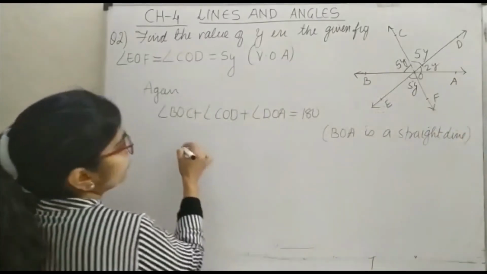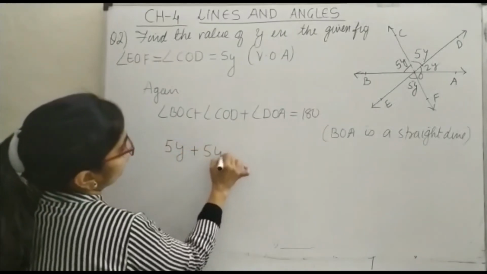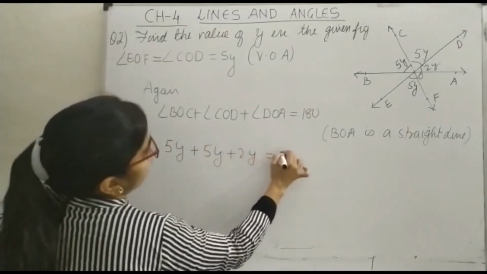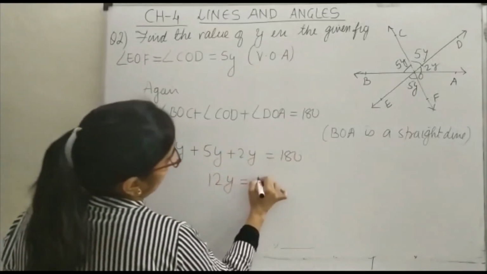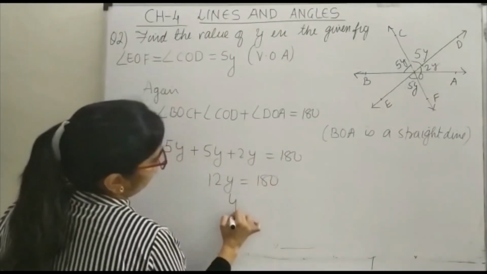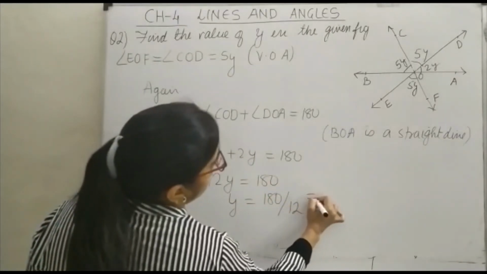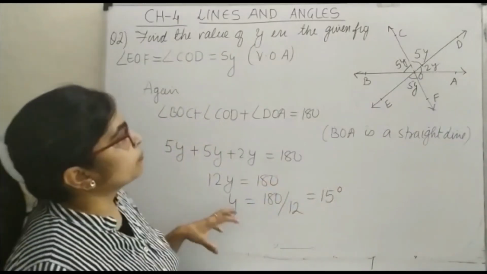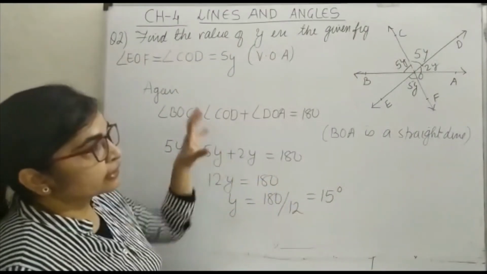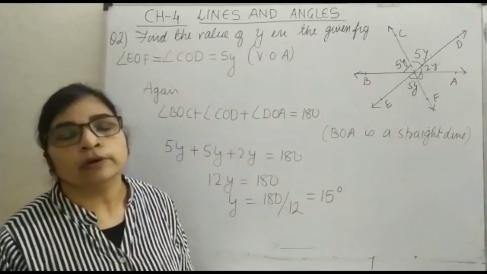Therefore, you can write now their values. 5y plus 5y plus 2y is equal to 180. 12y is equal to 180, and your y is equal to 180 divided by 12, and that is equal to 15 degrees. So this is how, with the given figure, we can find out the value of the unknown variable.